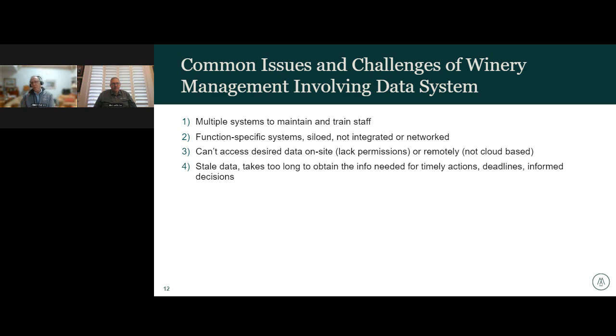When you do have multiple systems, especially when they're siloed, there's no integration, there's a tremendous amount of manual work involved in pulling information together. So if it takes too long to pull that information together, there's ramifications to that. Sometimes you can't take action in a timely manner, or you miss deadlines.